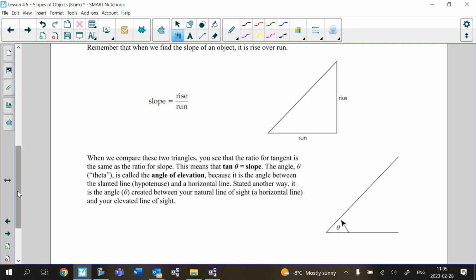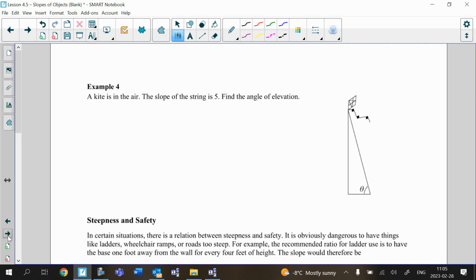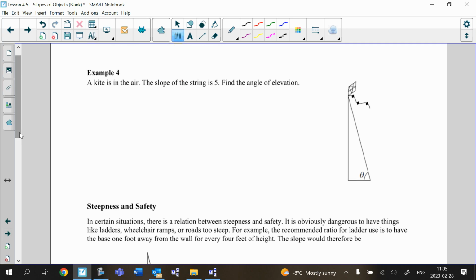Let's look at an example where we would use this. So we've got a kite in the air. The slope of the string is 5. That's enough information to find the angle of elevation.